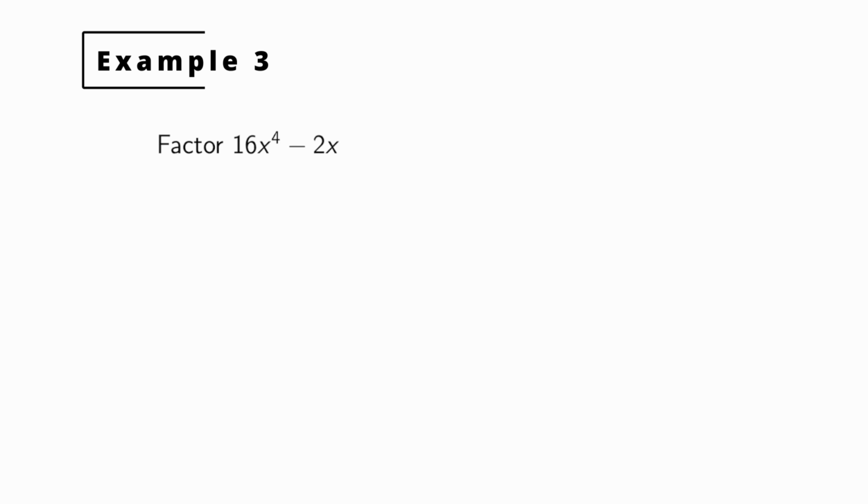First, with these two terms, 16x to the fourth minus 2x, we notice we have a common factor of 2x. So we start by factoring that out. We factor out 2x, and from the first term left over, we'll have a factor of 8 and a factor of x cubed. From the second term, we will have a 1 left over. Now we look at our remaining binomial here, and we can identify these terms as perfect cubes.